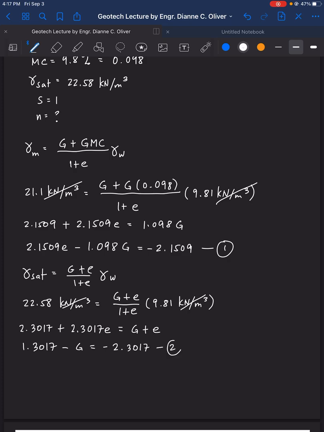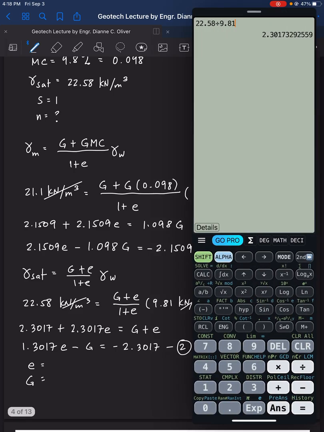So this is equation number 2. Now let's look for, oops, we forgot here the E. Okay? So let's look for the value of E and G using the calculator. Okay, so this is equation number 1, this is equation number 2.